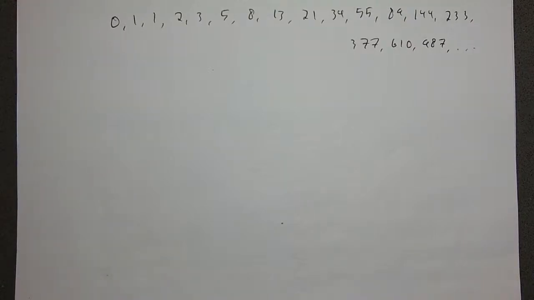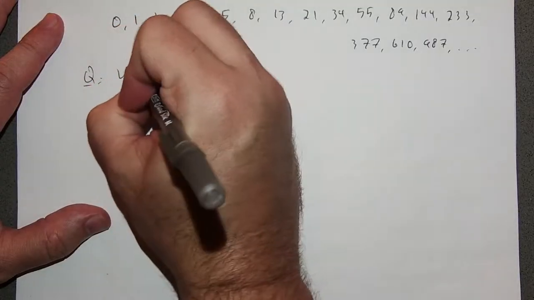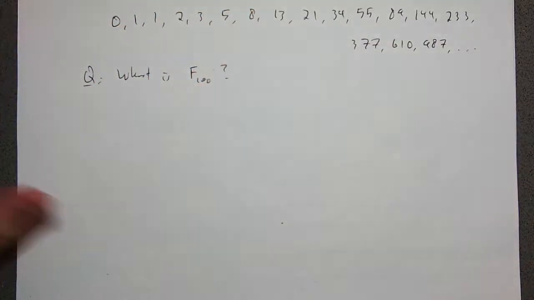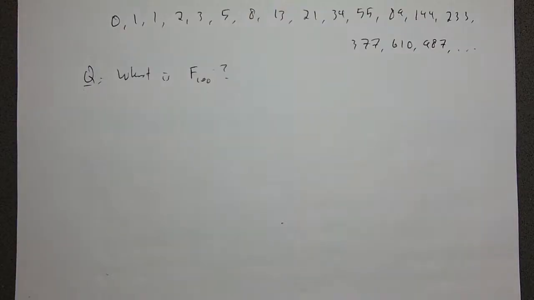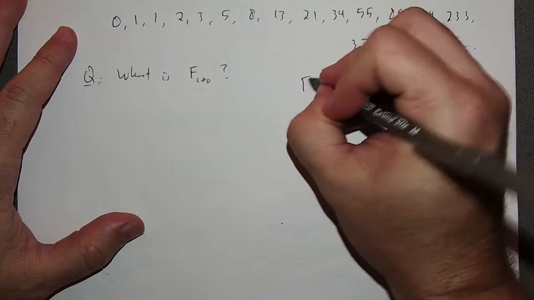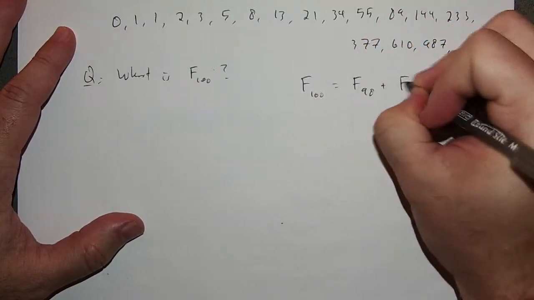The question is, since these are getting bigger and bigger, how fast does this grow? Is it linear, quadratic, some polynomial, exponential? Maybe a way to answer this is to ask, what is f sub 100? How would you do that? One way would be to compute every single Fibonacci number and then say f sub 100 is f sub 98 plus f sub 99.